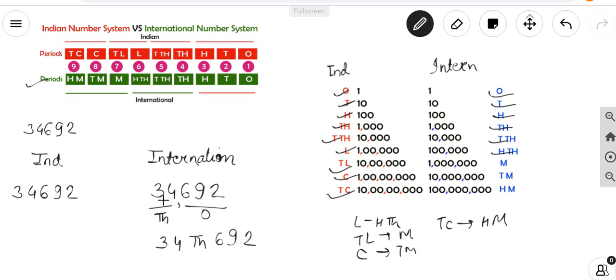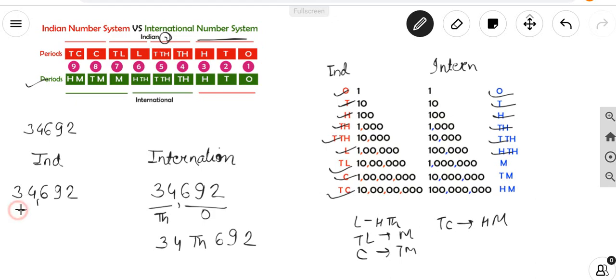Now we will consider the same example in the Indian number system. First we will separate the digits by commas. We put commas moving from right to left and consider the periods. The first period holds 3 places, so put a comma after 3 digits. After that the second period holds 2 places.